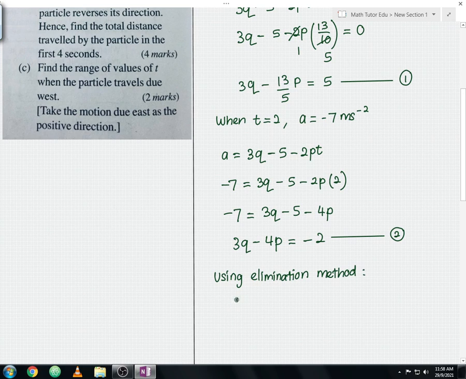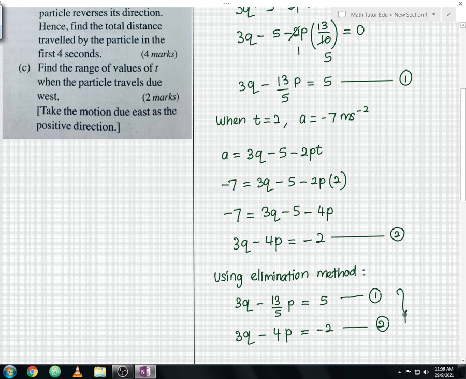So from here, using the elimination method, 3q minus 13 over 5p is equals to 5. So this is your equation number 1, and this one, 3q minus 4p is equals to negative 2, is your equation number 2. These two equations, you minus them.